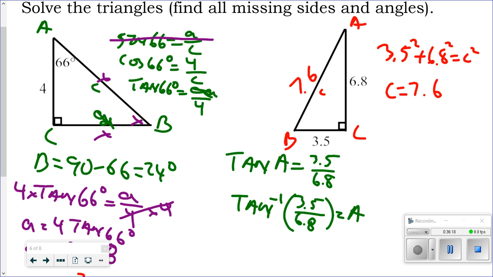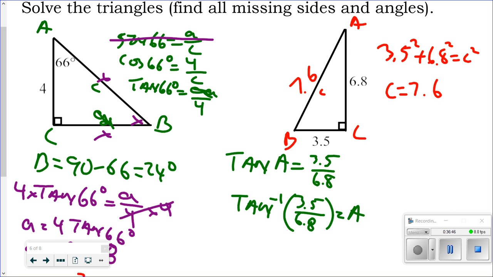So take your calculators, do that, calculate it out. Make sure you can do it. Just don't copy down my answer. Do it for yourself first. Parentheses are important.